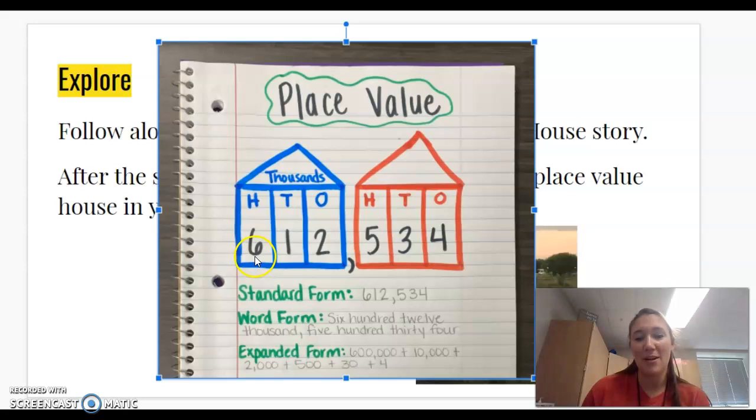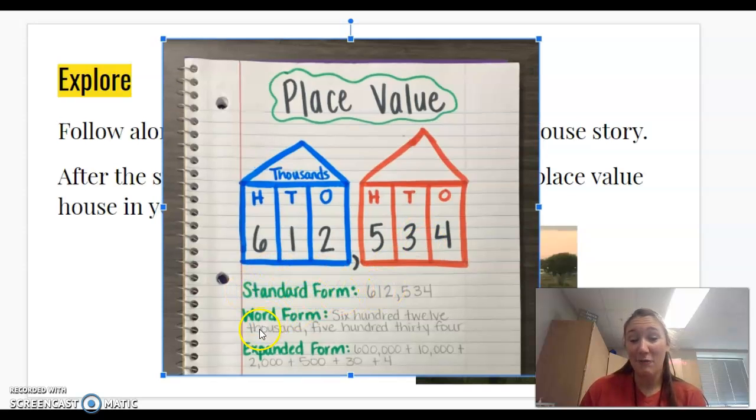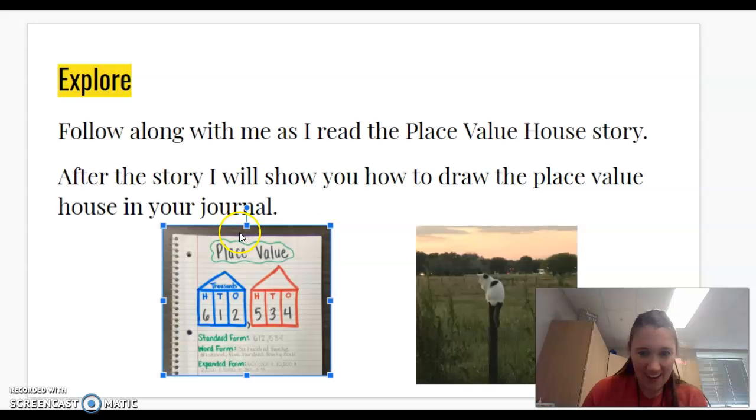This particular number is 612,534. We have it written in standard form, in word form, and expanded form. This is all review from last year, and I would like you to go ahead and copy that down. We'll have plenty of opportunity to practice doing each of those forms.